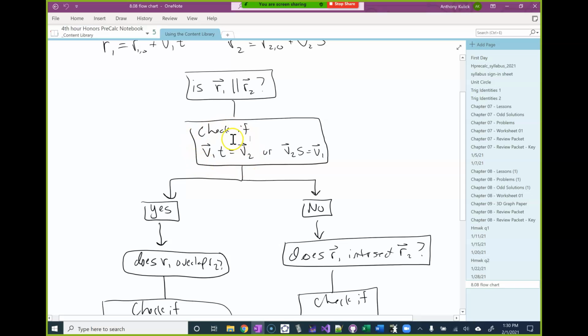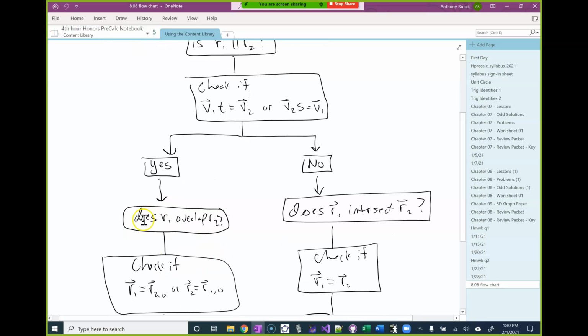So if that parallel check passes, that means that either the lines are coinciding or they're parallel. If it doesn't pass that parallel check, they're either non-parallel, non-intersecting, or intersecting. So if we go down the yes branch, we have to check, does R1 overlap R2?